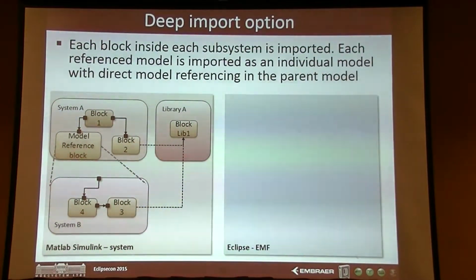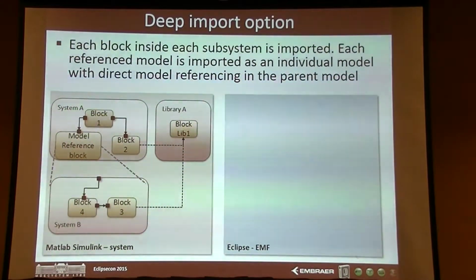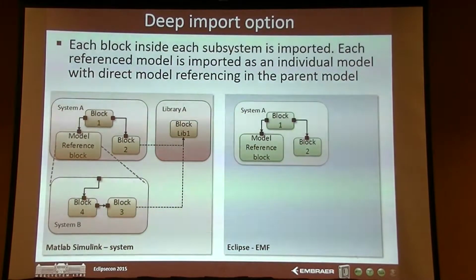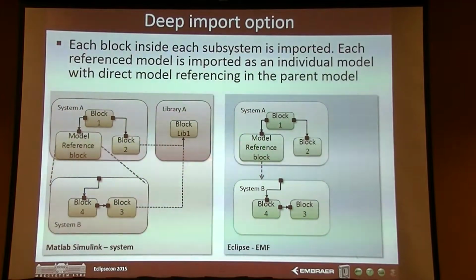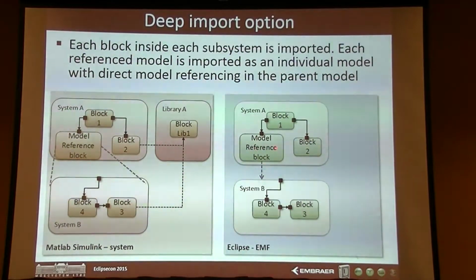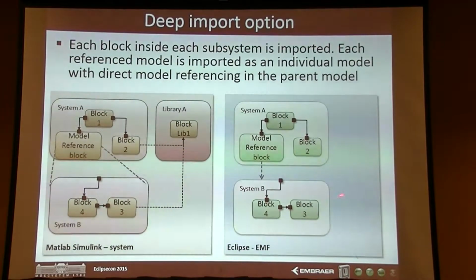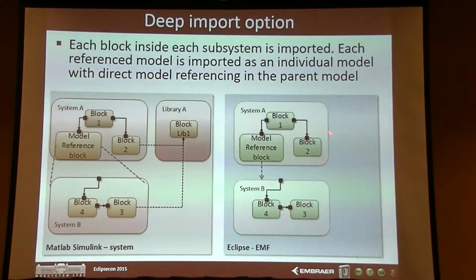On the other hand, there is the deep option, which means that if there are model references, those are also imported into Eclipse, okay? And there will be the same reference between the model reference block and the newly imported referred system, okay? These are stored in separate models. That's why they are in different blocks, okay?